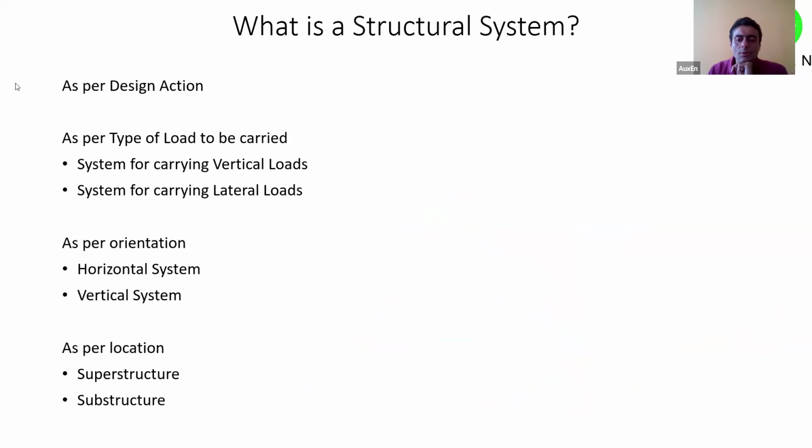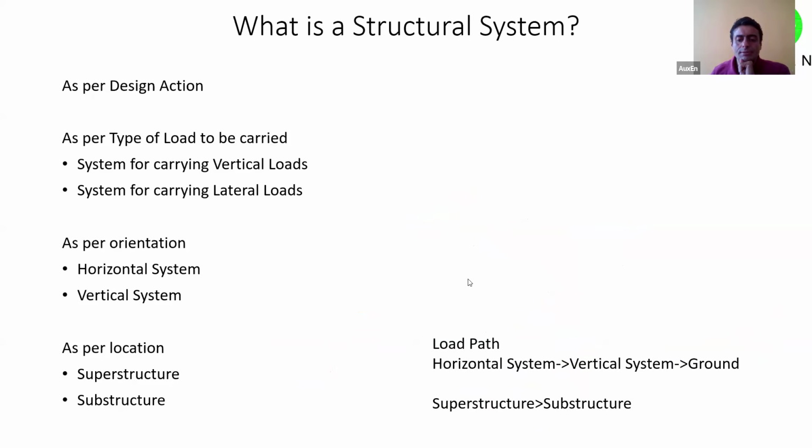And as I was telling you, for any structural system, it is very important that you understand the load path. So the load path will generally be from a horizontal system to a vertical system and onwards to the ground, or what we can simply call from superstructure to substructure. Clear?